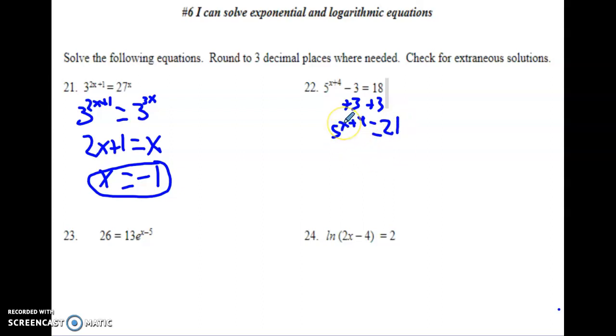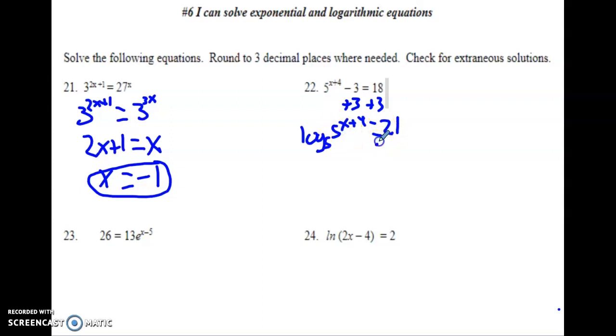Now, the x is in the exponent. So how I have to get rid of this base is by taking the log of both sides. So if I do the log of both sides, and if I do log of base 5, then it will cancel out that base of 5 there.